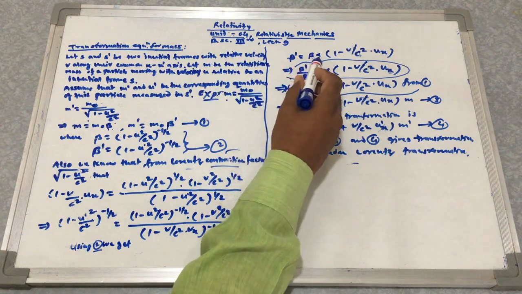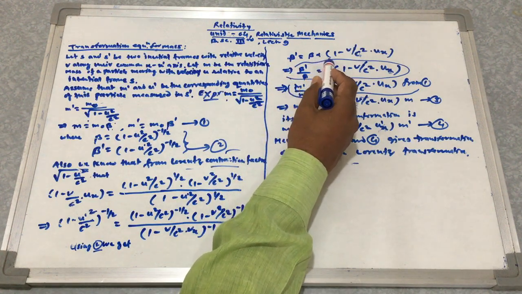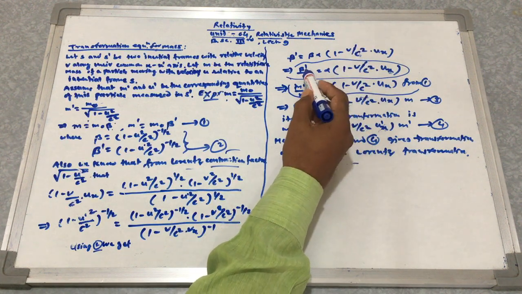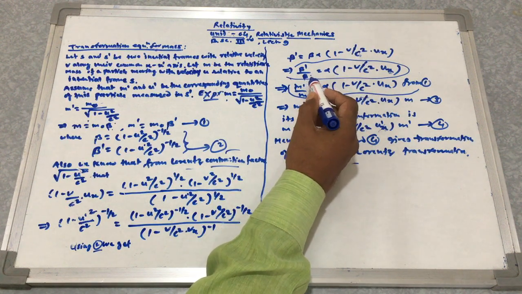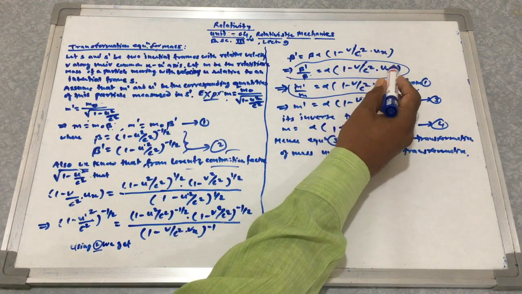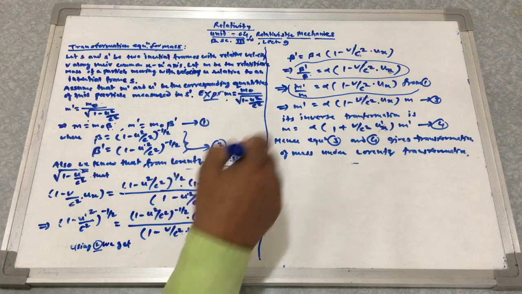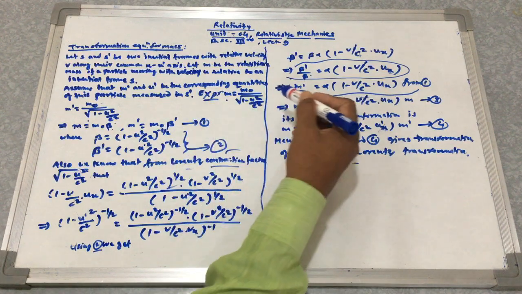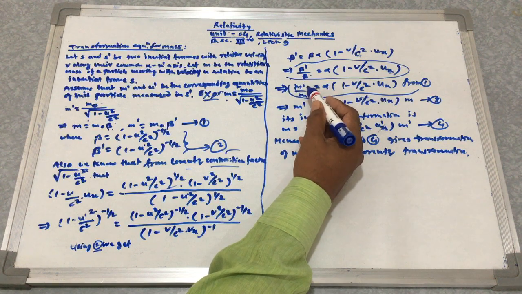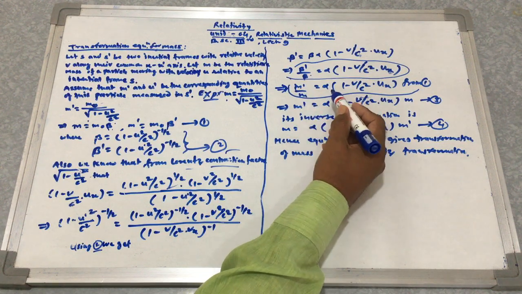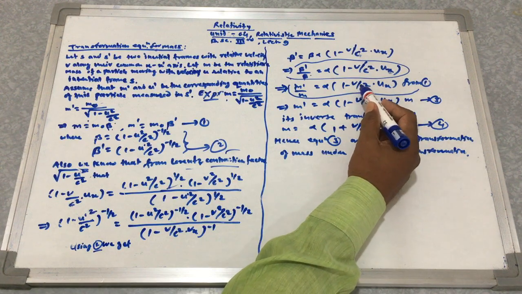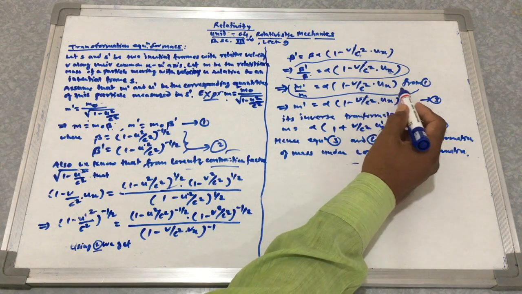Beta dash is equal to beta into gamma into 1 minus v upon c square into ux, and beta dash upon beta is equal to alpha into 1 minus v upon c square into ux. So in this manner, from 1 and 2, m dash upon m is equal to alpha into the bracket 1 minus v upon c square into ux.